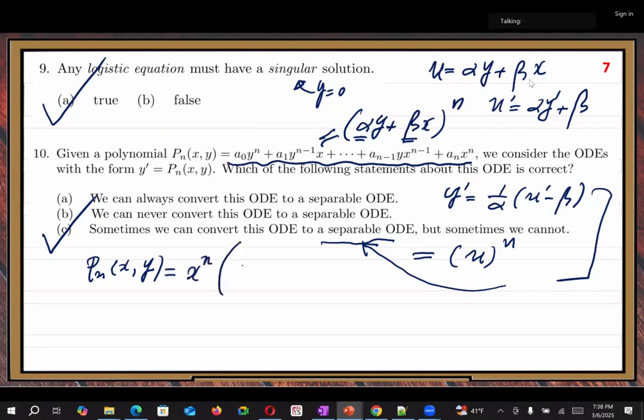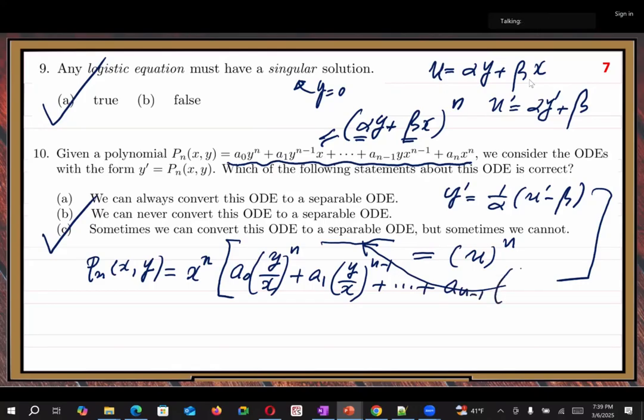So a0 times (y over x) to the n, plus a1 (y over x) to the n minus 1, dot, dot, dot, plus a n minus 1 times y over x, plus a n.